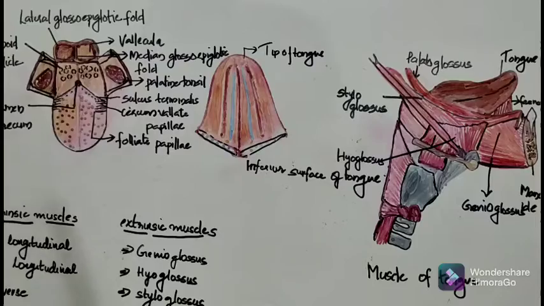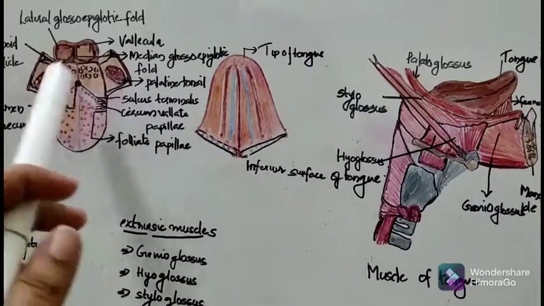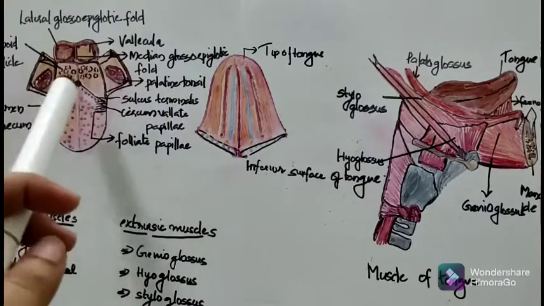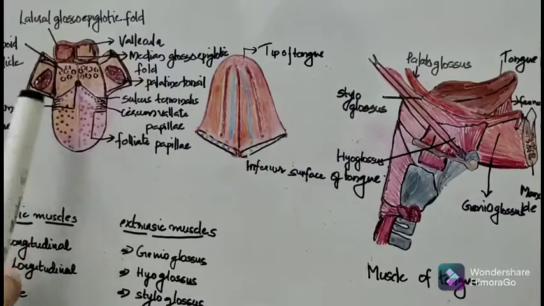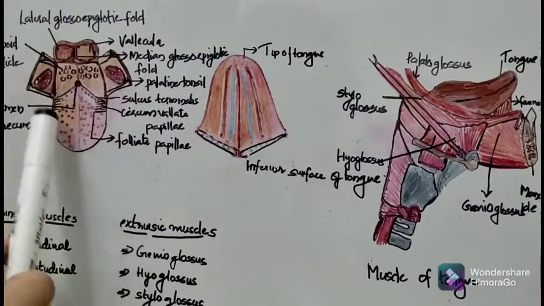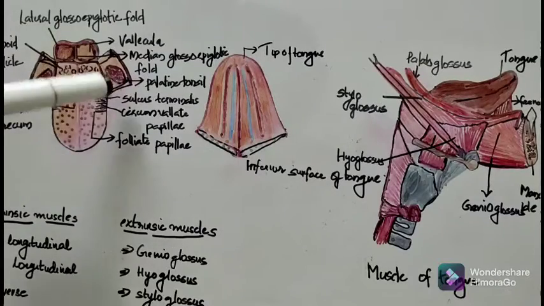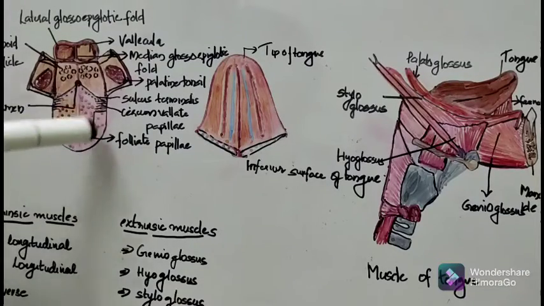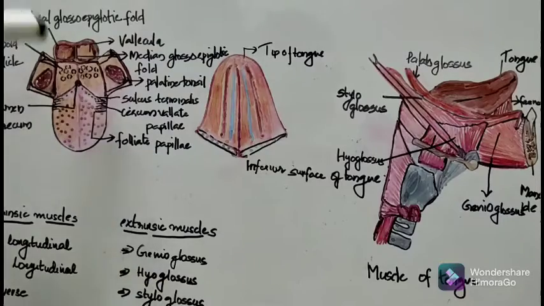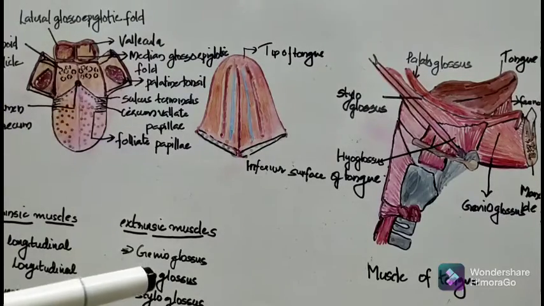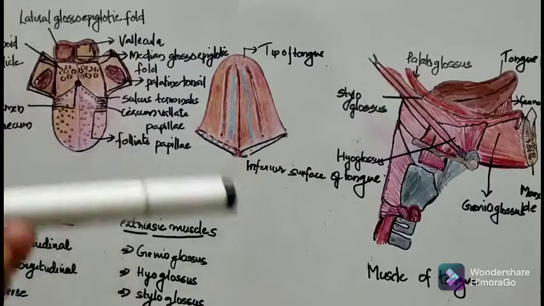So next is the fungiform papillae. Here I have not drawn the fungiform papillae, but they are present near the tip as well as the margin of the tongue. That is, they are present in the anterior two-thirds of the tongue, mainly in the tip and also in the margin of the tongue, but some of them are also scattered in the dorsum of the tongue. So what is their character?